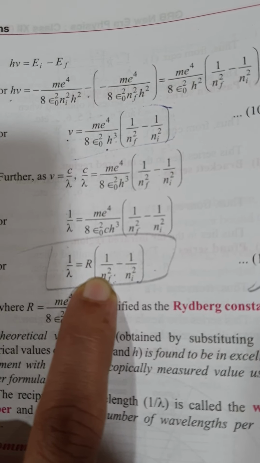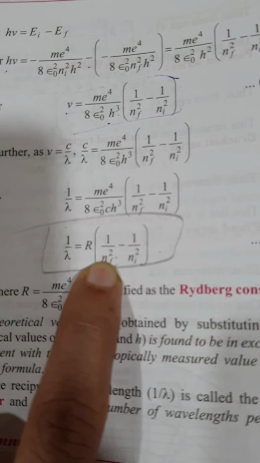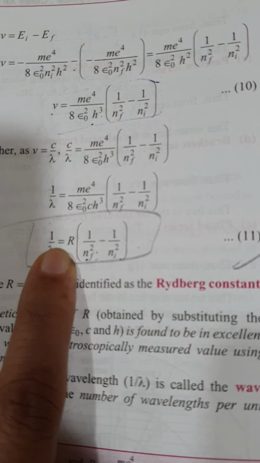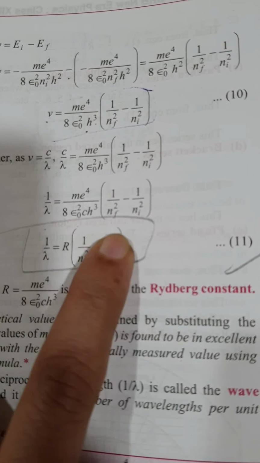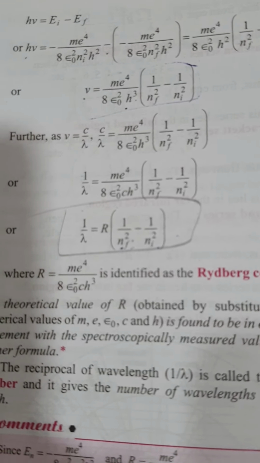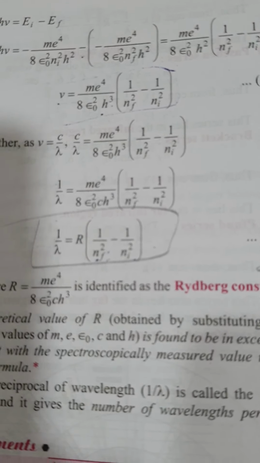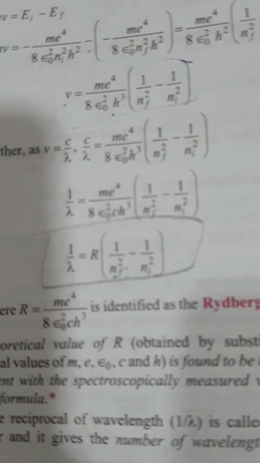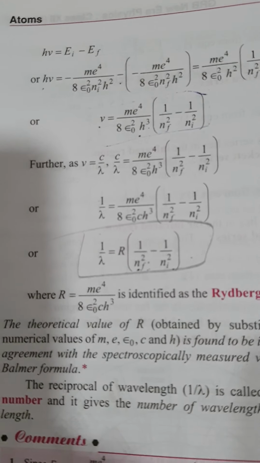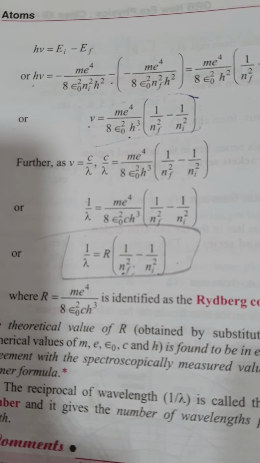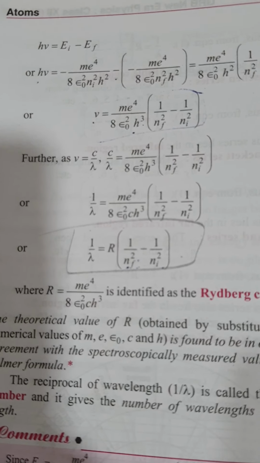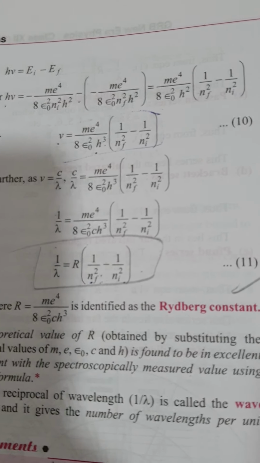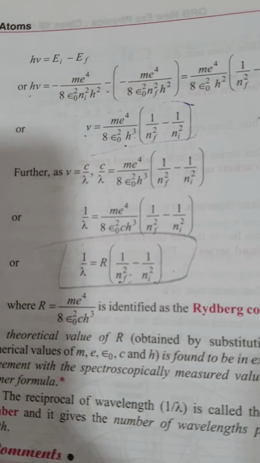Any transition is possible, and that is why in general we obtain this formula theoretically: 1 by lambda is equal to R times 1 upon nf square minus 1 upon ni square, where R is the Rydberg constant, and fortunately the value of R nearly matches what Balmer obtained. Balmer could explain only visible light, but other transitions in the ultraviolet and infrared regions were found later on. We will study that later.